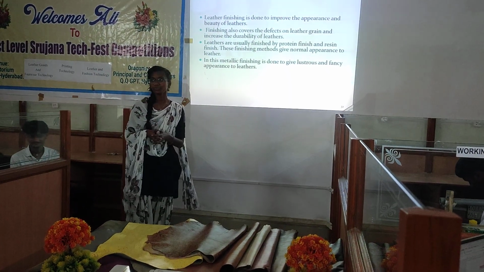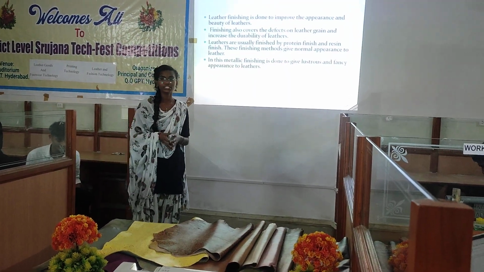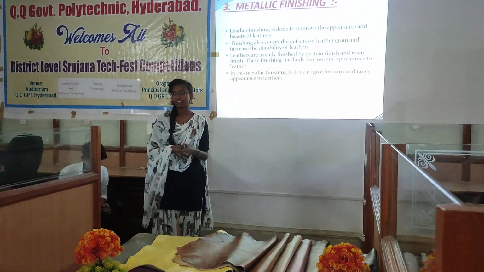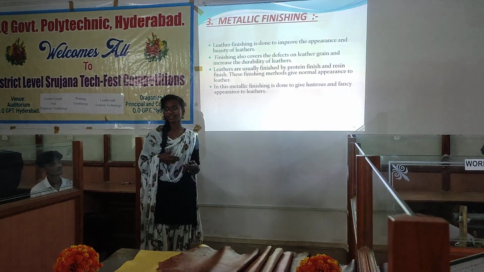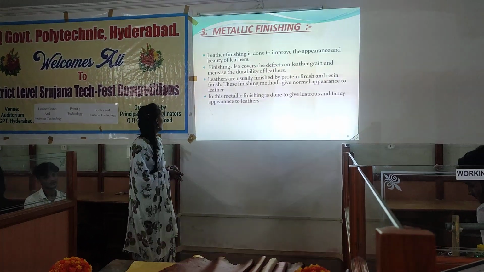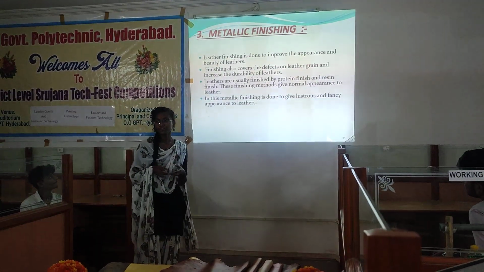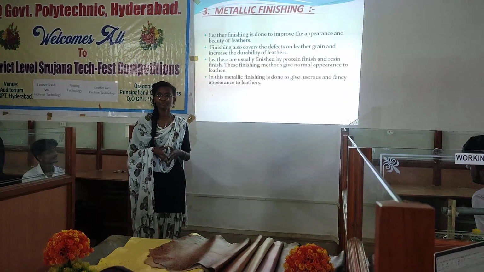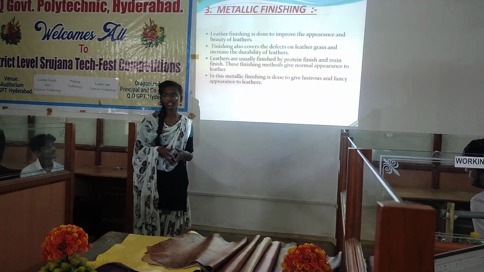Leather finishing is done to improve the appearance and beauty of the leather, and it also covers the defects of the leather and improves the durability of leather. Leathers are usually finished by protein finish and resin finish, but they give a normal appearance to the leather.